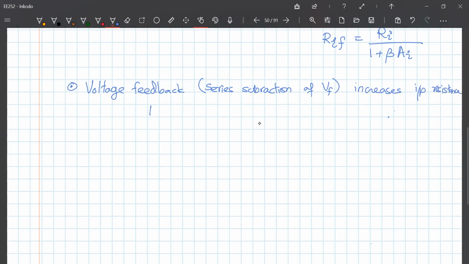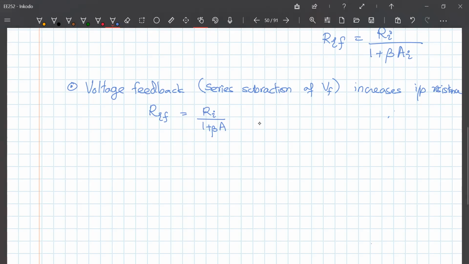So whenever we have this, the impedance with feedback becomes Ri divided by 1 plus beta A. A, if it is a voltage amplifier, will be the AV. If it's a transconductance amplifier, A will be GM.